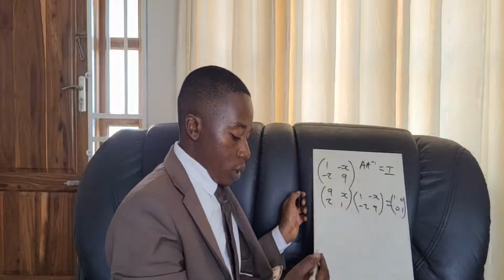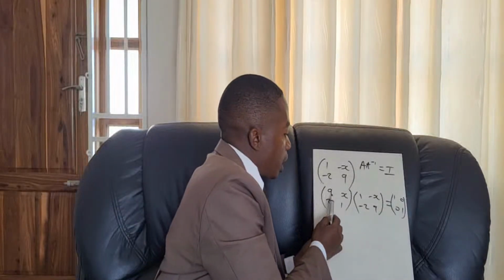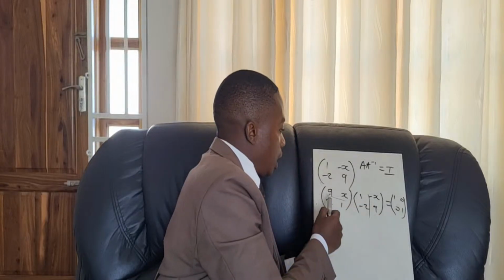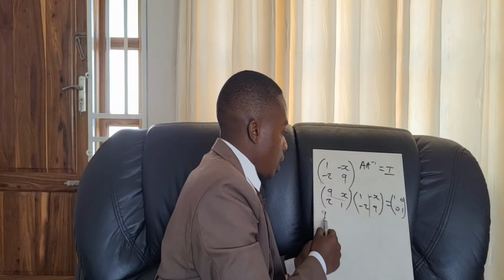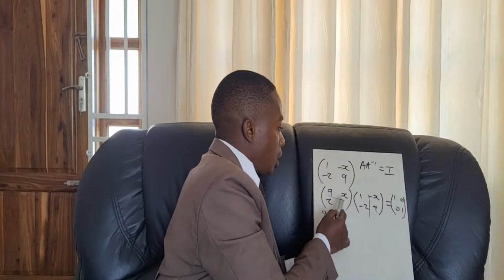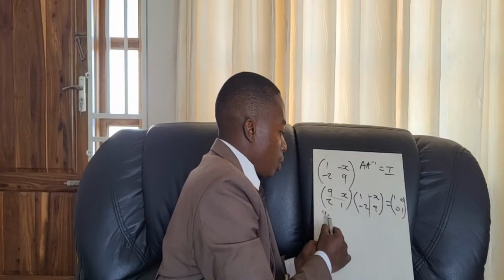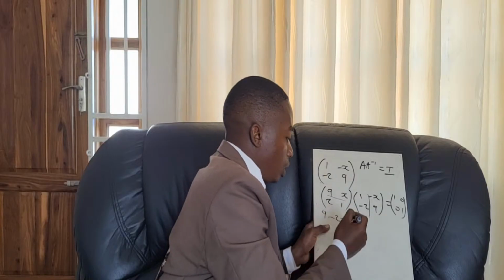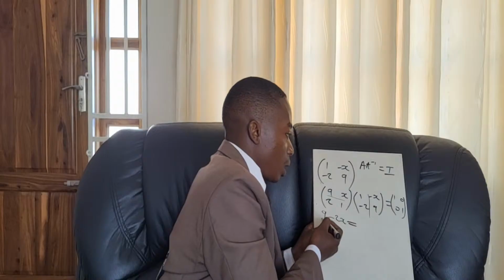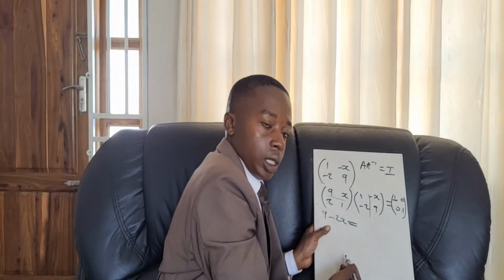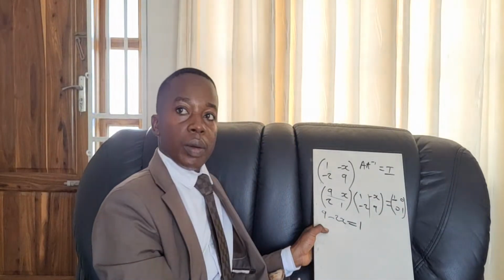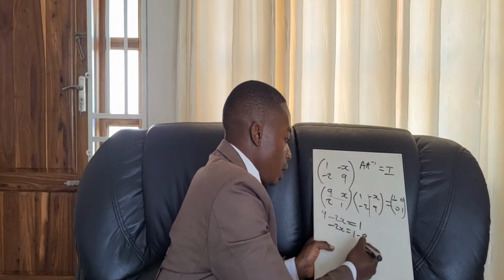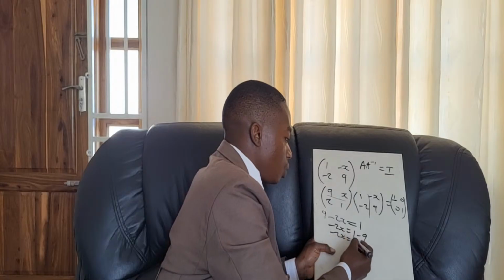Here we multiply this way. 9 times 1 is 9. 2 times negative 2x, so minus 2x. This should give us 1. So minus 2x is equal to 1 minus 9. Minus 2x equals minus 8.